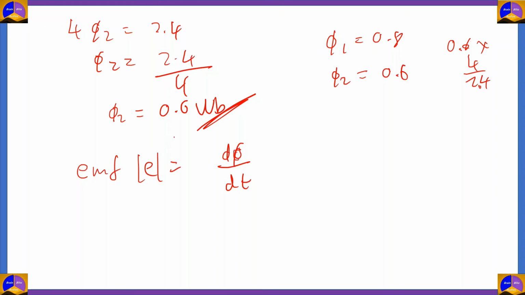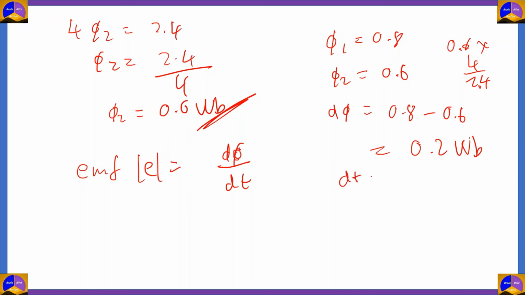If it was for just the actual value of E, it'll be minus d phi by dt. But in any case, d phi means change in magnetic flux. So basically, we can just subtract the final from the initial. So therefore, it'll be 0.8 minus 0.6, which is equal to 0.2 Webers.